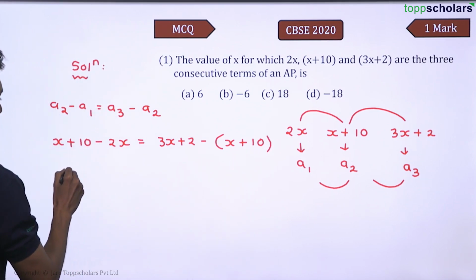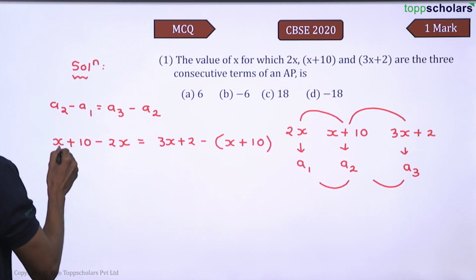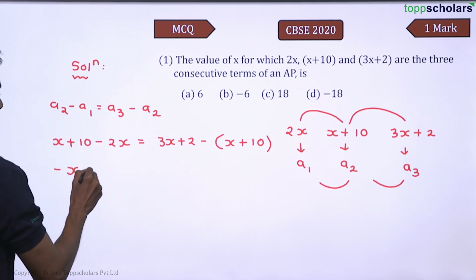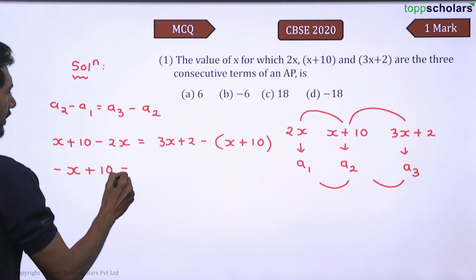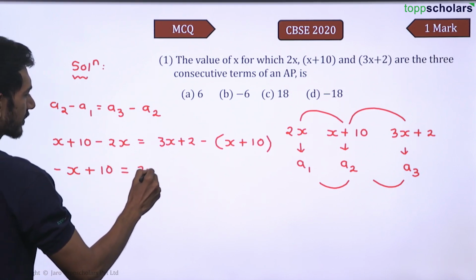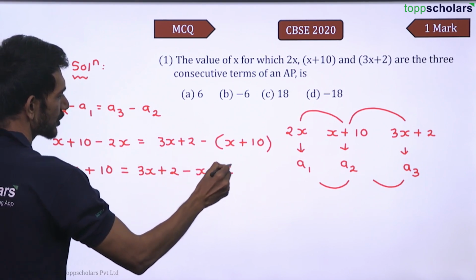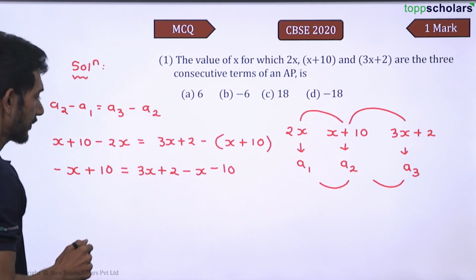So this becomes, okay, we can solve this. x minus 2x is how much? Minus x plus 10 is equal to 3x plus 2 minus x minus 10. I am just opening the bracket here, correct?